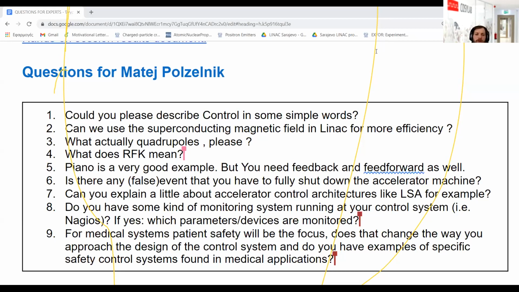When we are talking about medical systems, you have to obey the medical standards, and you also have to develop the control systems around these medical standards.